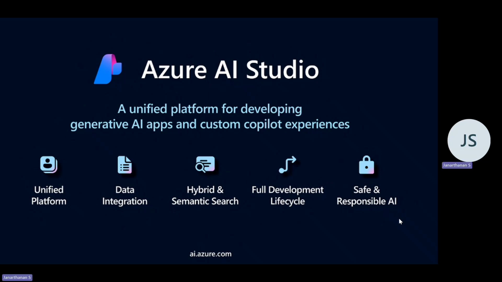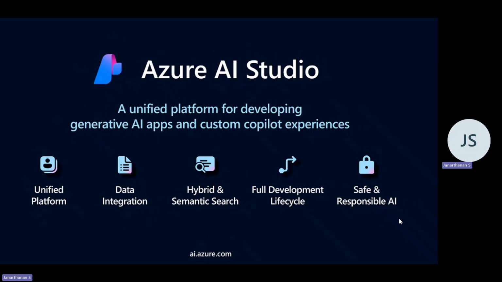In terms of full cycle development, it offers a unified playground for prompt engineering as well as pre-built Azure AI skills, which are used to build multi-modal applications, along with search services for better information retrieval.